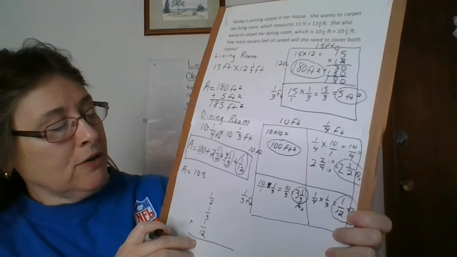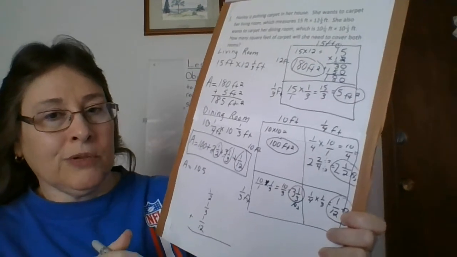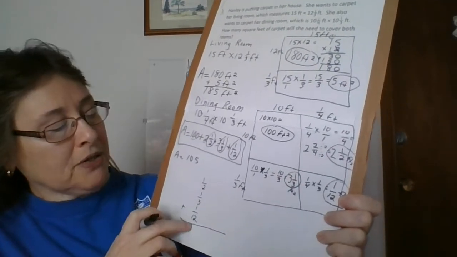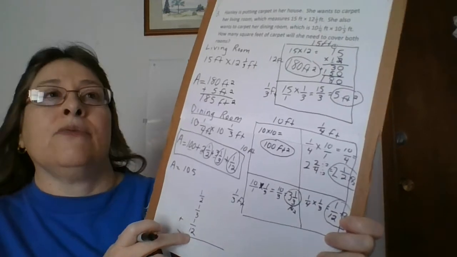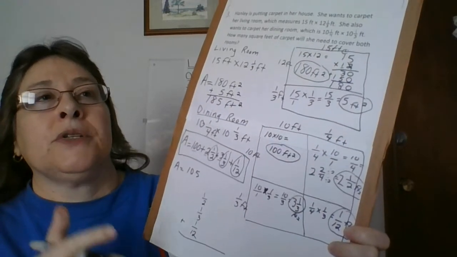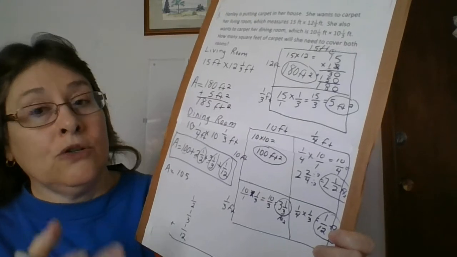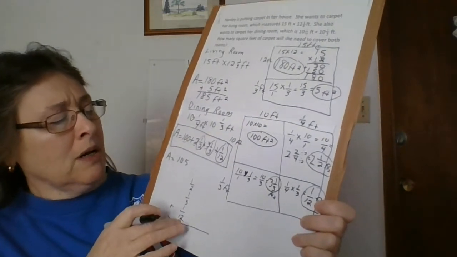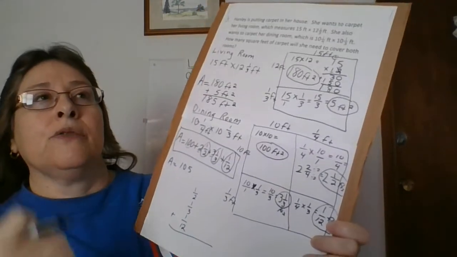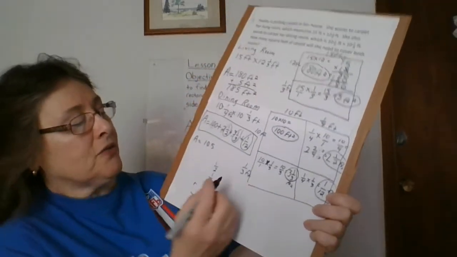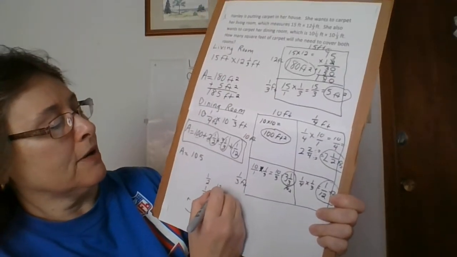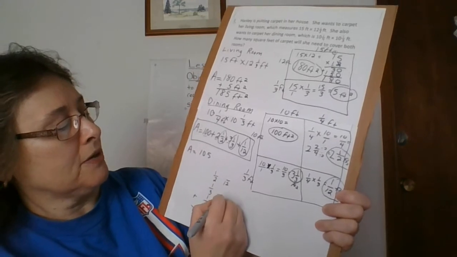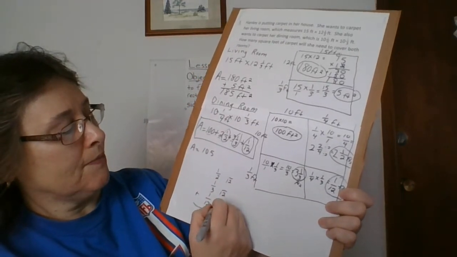If I start with multiples of 2, I know the biggest number here is 12. So let's see if 2 fits in a 12. 2, 4, 6, 8, 10, 12. 2 does fit in a 12. Okay, let's see if 3 fits in a 12. 3, 6, 9, 12. It does fit. So the common denominator that I can use for all 3 of these is 12.